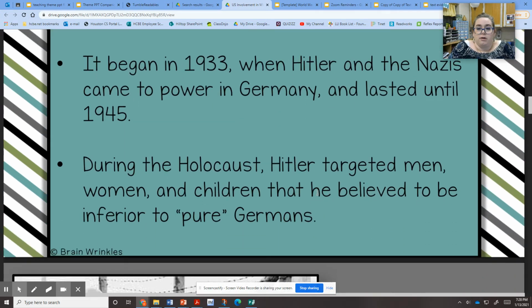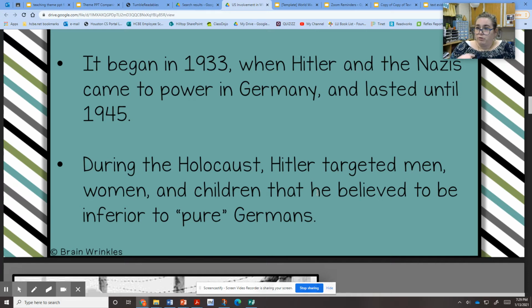During the Holocaust, Hitler targeted men, women, and children that he believed to be inferior to pure Germans. So the Jewish community was one of the biggest ones that he went after.